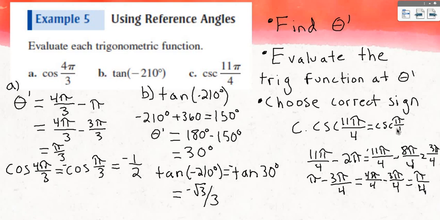So we need to take the reciprocal of that, which would be 2 divided by the square root of 2. And if we were to rationalize that, notice that we would get 2 times the square root of 2 over 2, which is just the square root of 2.